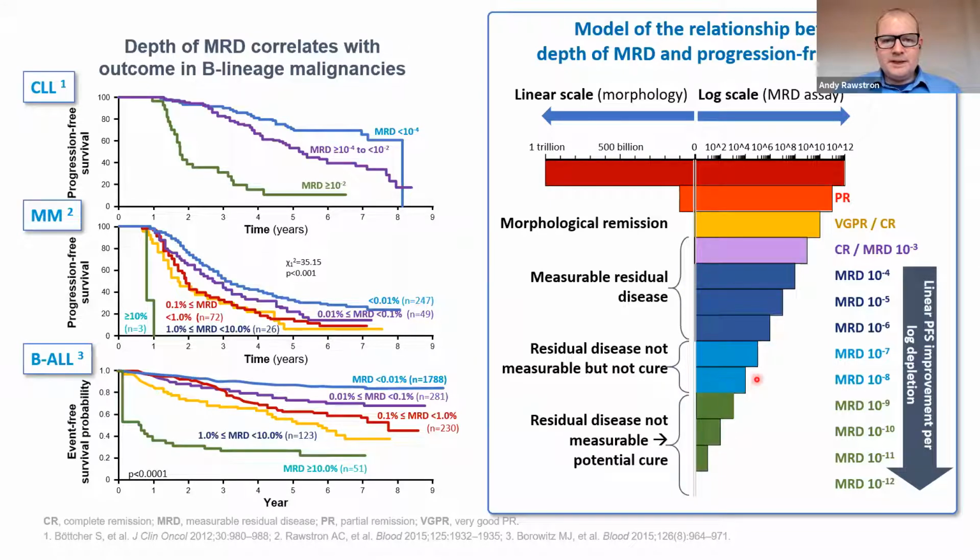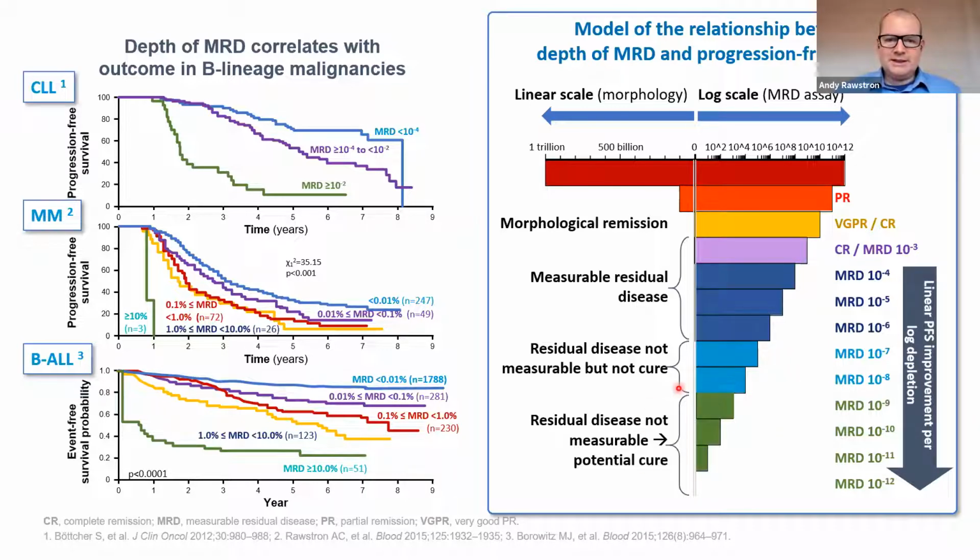We are probably mostly in the laboratory able to measure around 10 to the 4 to 10 to the 6, so 1 in a million to 1 in 10,000 neoplastic cells. And these generally probably don't equate to a full cure.